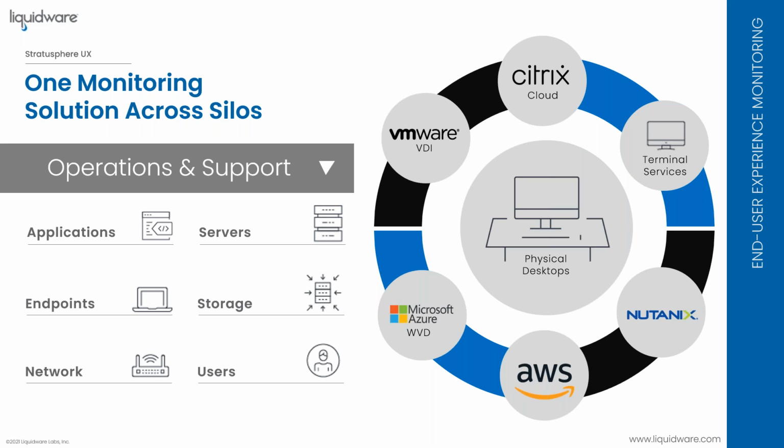And again, as you can see on the right side, whether you're currently delivering desktop through Citrix, VMware, Azure, Google Desktop, AWS, Nutanix, doesn't matter to us. We'll monitor and we support all the platforms.